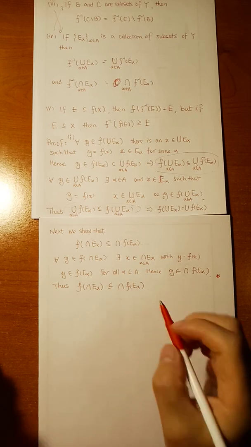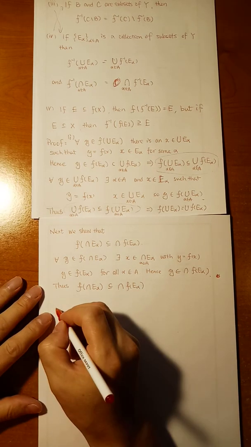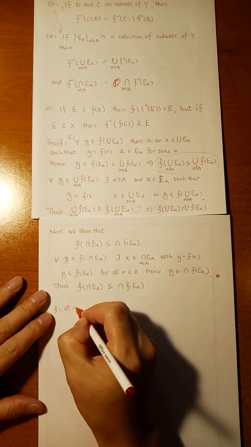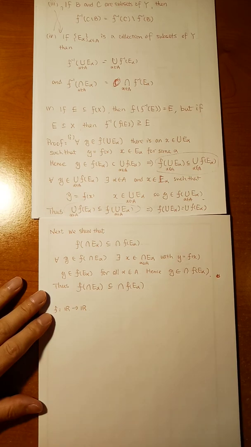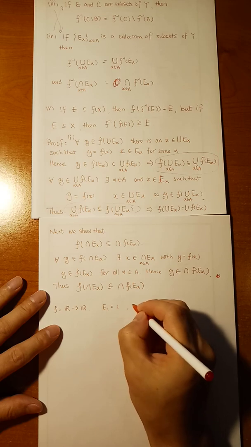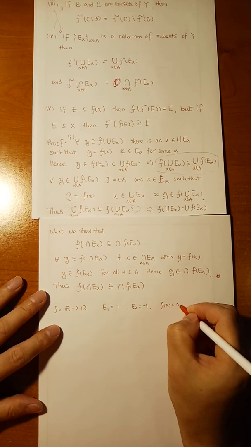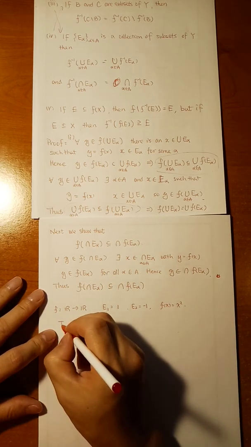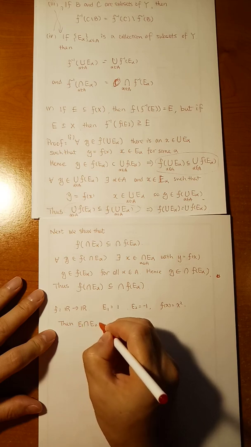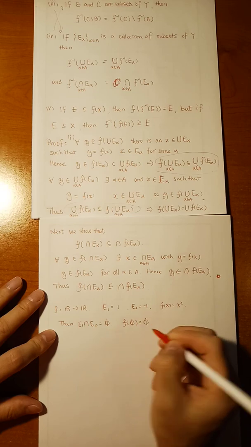Now let's see when it is a proper subset. For example, f is from R to R, E1 is {1}, E2 is {-1}, and f(x) is x squared. Then the intersection of E1 and E2 is empty, so f maps the empty set to the empty set.